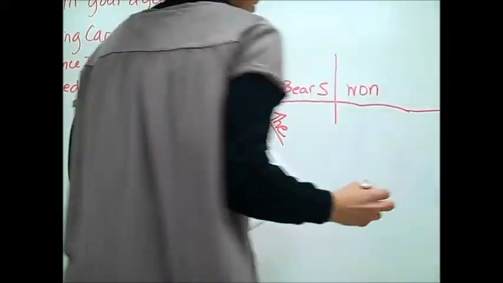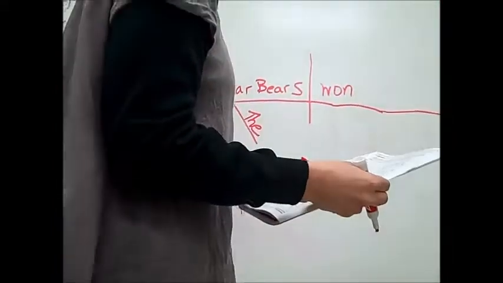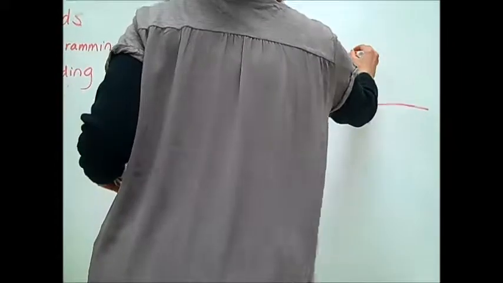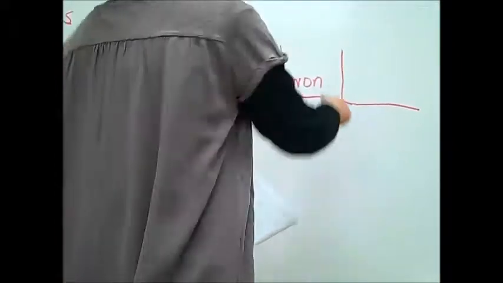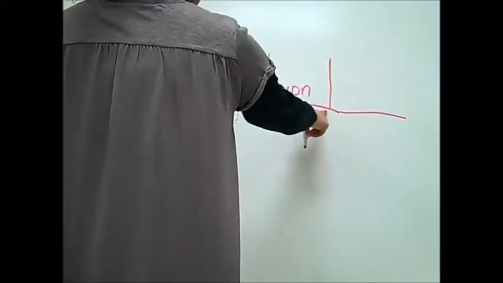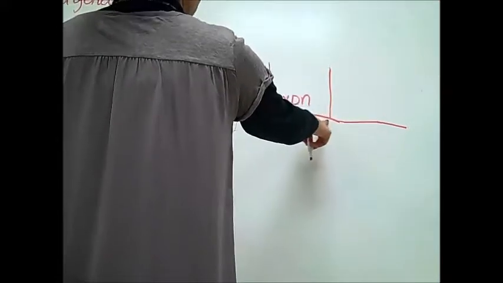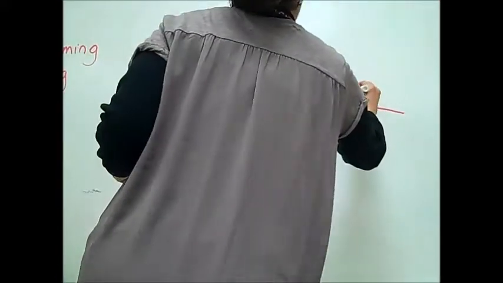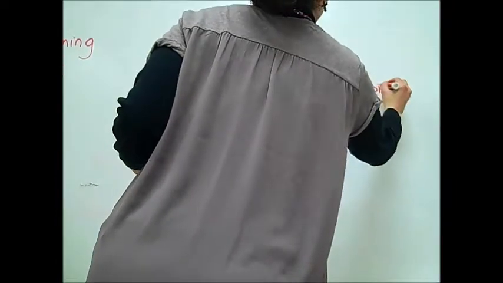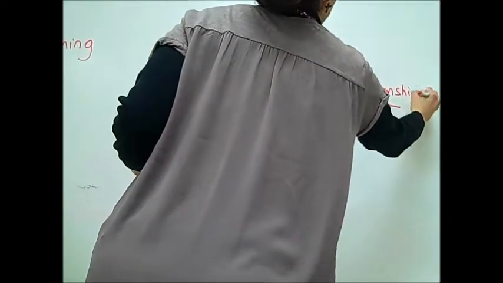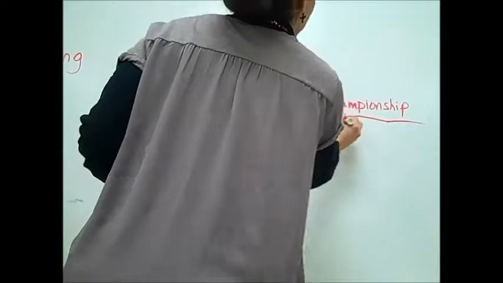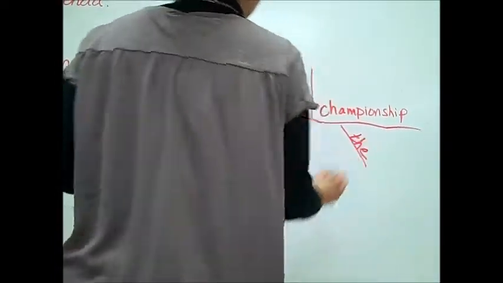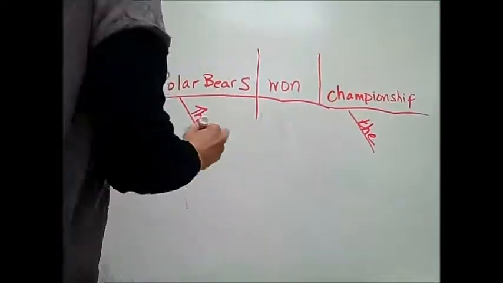And the direct object is the part that tells us what they won. We do it just like this, with a straight up line that does not go underneath our horizontal line. They won the championship. And that's number 1.